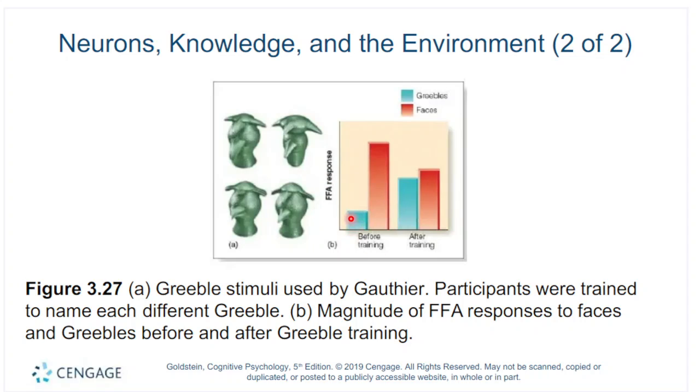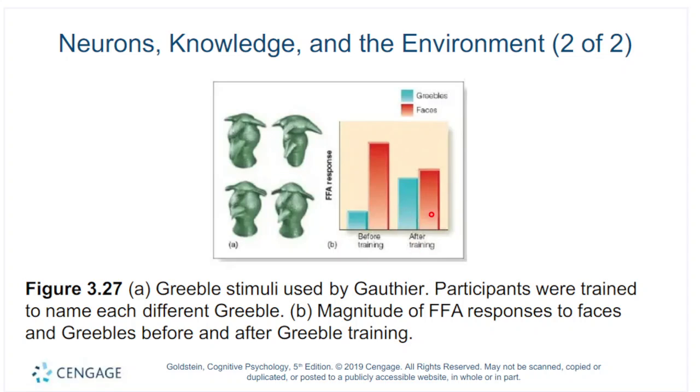Kasi before training, definitely again, this wouldn't really register to us. Especially this part. I don't even understand what it is. Pero they did something or they trained people to process other features na medyo kakaiba. So, ang naging effect is this one.